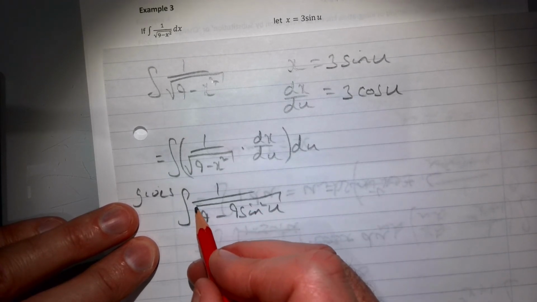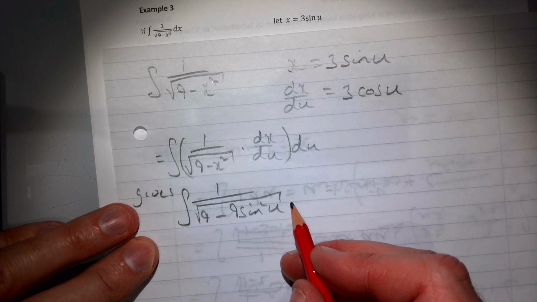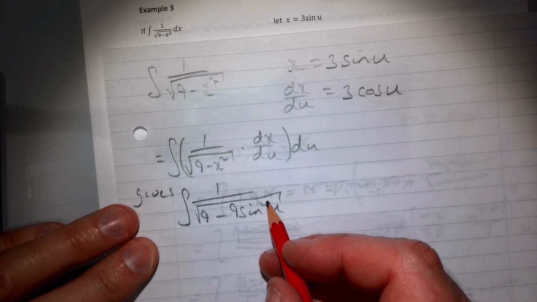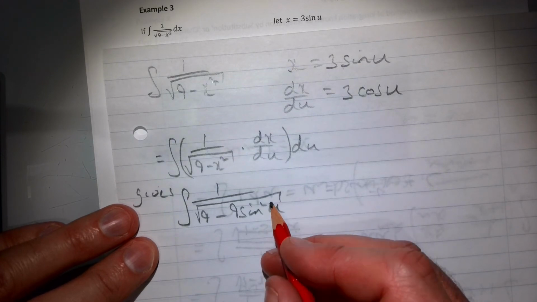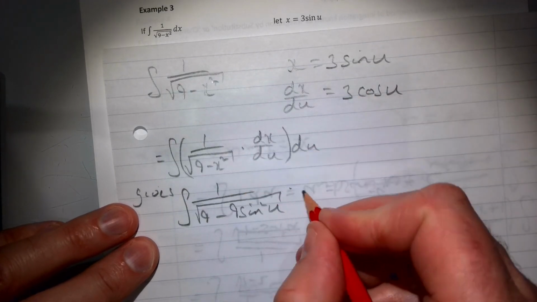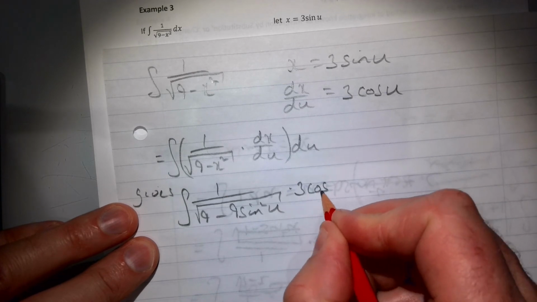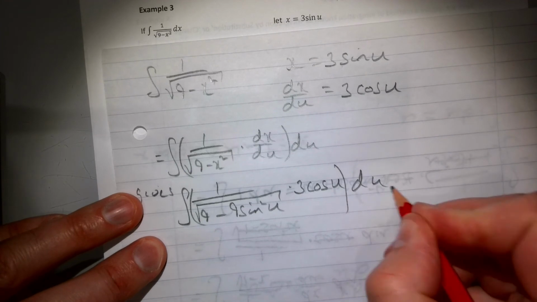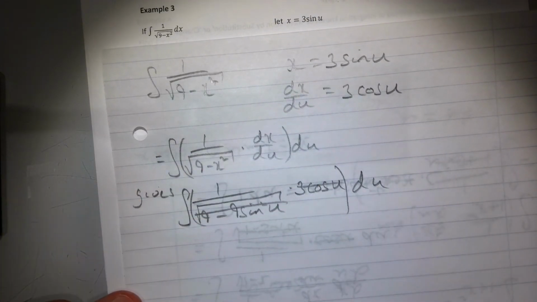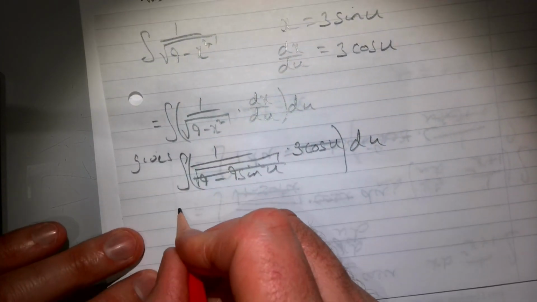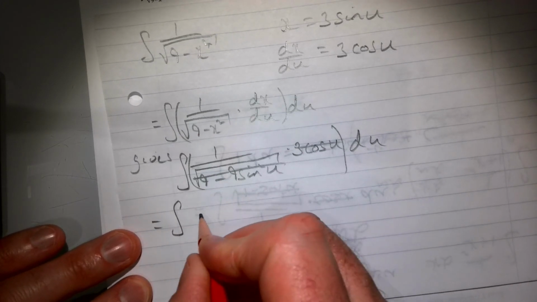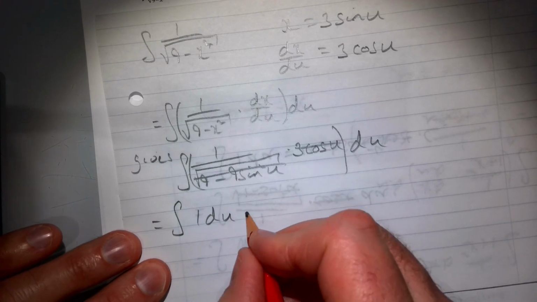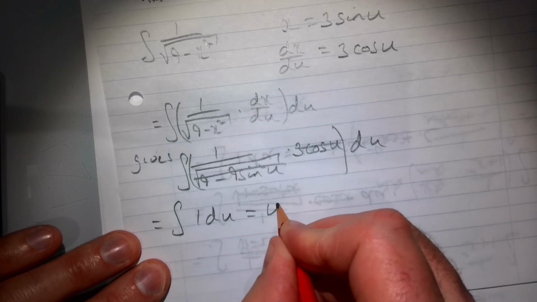Remember, the square root of 1 minus sine squared is cos, so the square root of 9 minus 9 sine squared is going to be 3 cos u. But dx by du here is 3 cos u, so hopefully you can eventually see why we've set it up this way. That and that cancel out, so we have the integral of 1 du, and that gives us u.